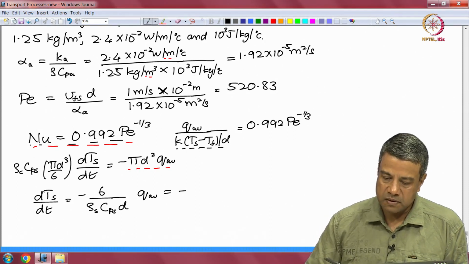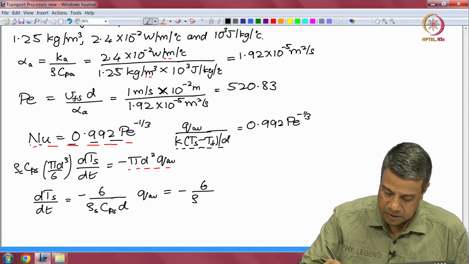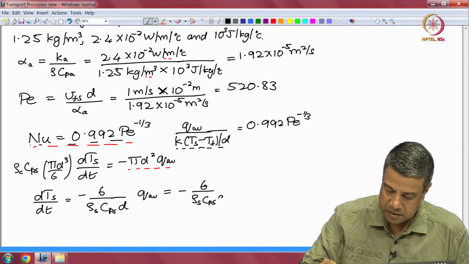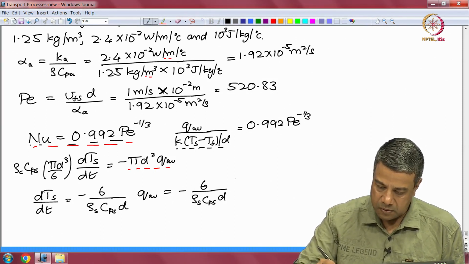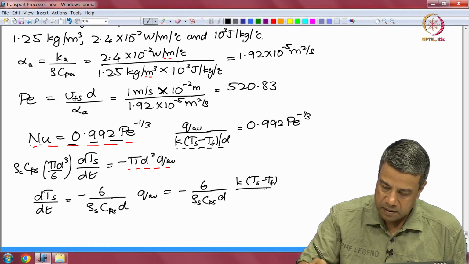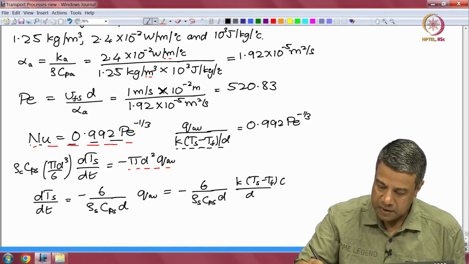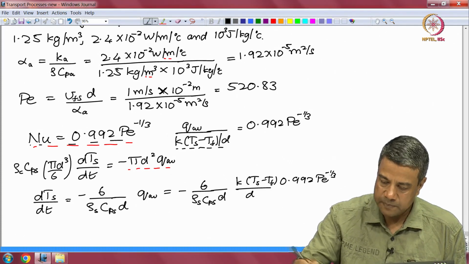So, this can be substituted for Q average, and I will get 6 by rho s Cps d, into K Ts minus Tf by d into 0.992 Pe power minus 1/3.